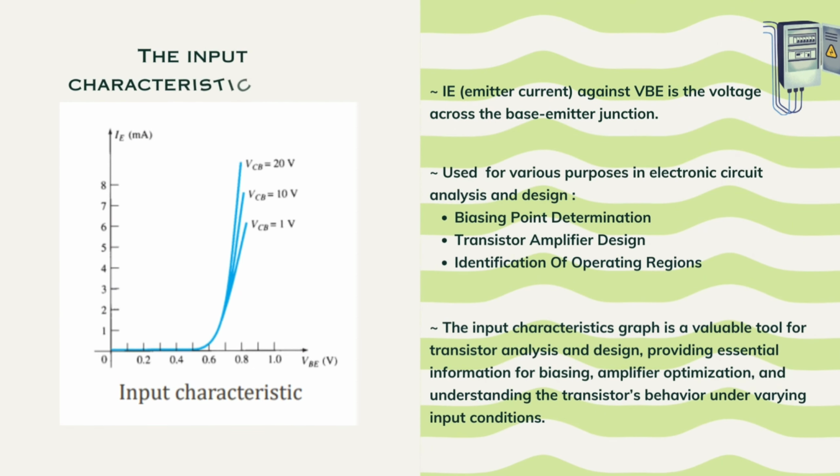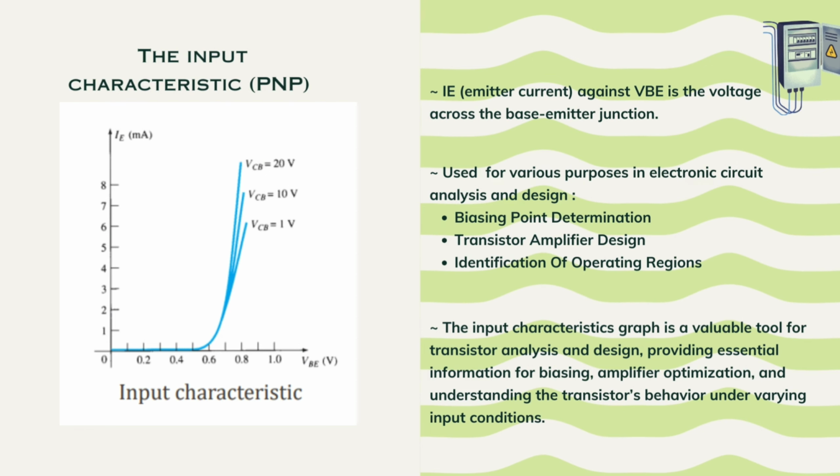Okay, for this part, I am going to talk about the graph. As you can see, this image shows an input graph, which is IE, the emitter current, against VBE, the voltage across the base-emitter junction. This graph is used for various purposes in electronic circuit analysis and design, such as biasing point determination, transistor amplifier design, and identification of operating regions.